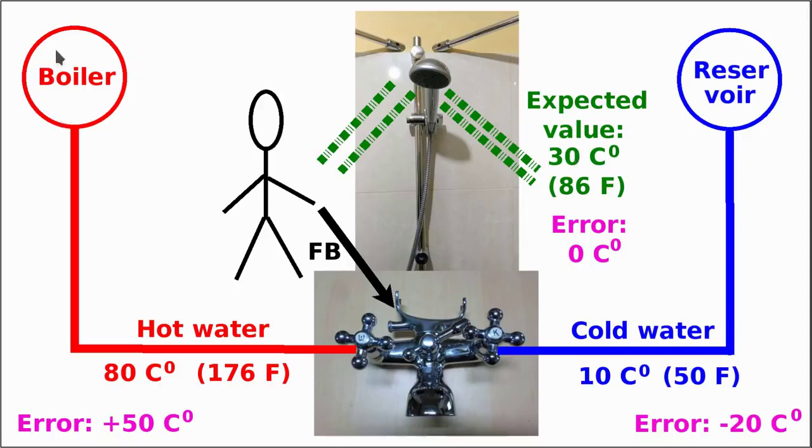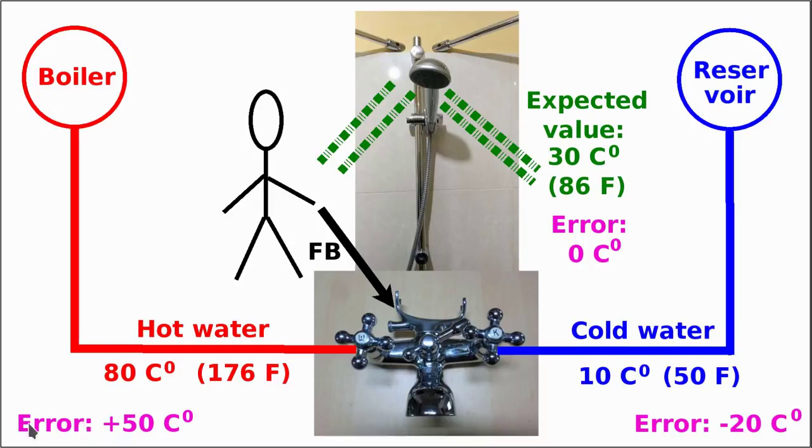When it comes to the hot water, let us assume that the hot water is being provided by a boiler, and this boiler is providing 80 degrees C hot water, which is 176 Fahrenheit. Similar to the example with the cold water tap, if our person opens only the warm water tap, then all this 80 degrees C hot water will go directly to the shower head, so our person will of course be screaming like Homer Simpson, "That's hot, that's no good."